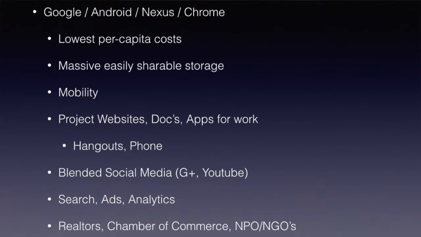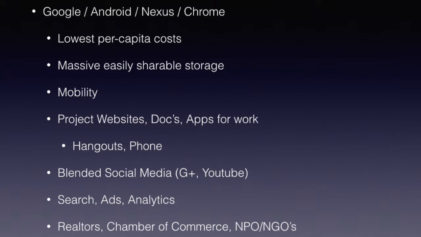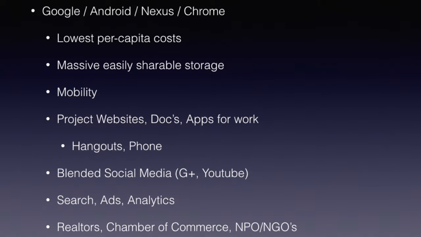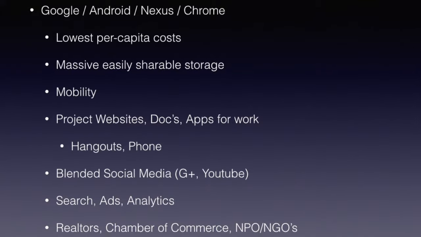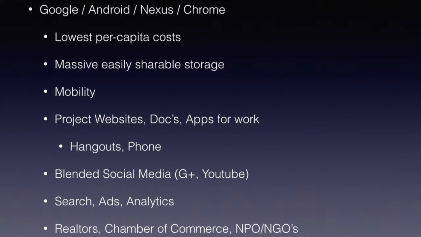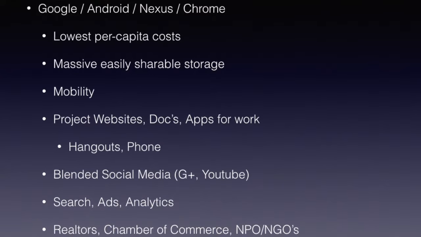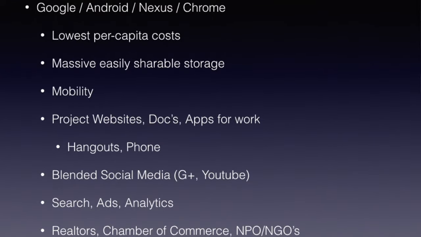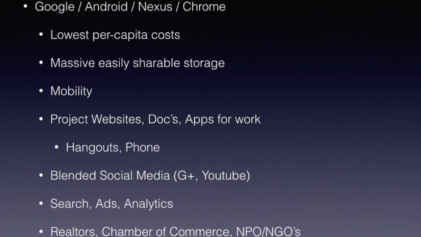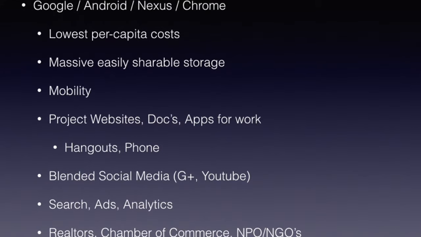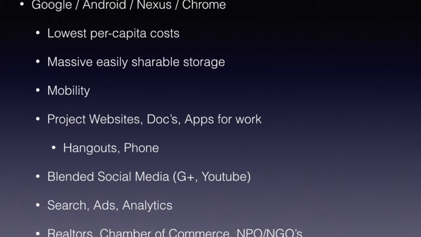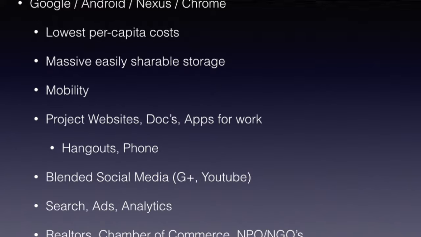And so, that being said, we'll look at Google real quick. The Google vertical of techs, hardware and software, I think are the lowest per capita costs that you can aim for. In exchange comes some difficulty in administration, but it's not that you can't overcome it.